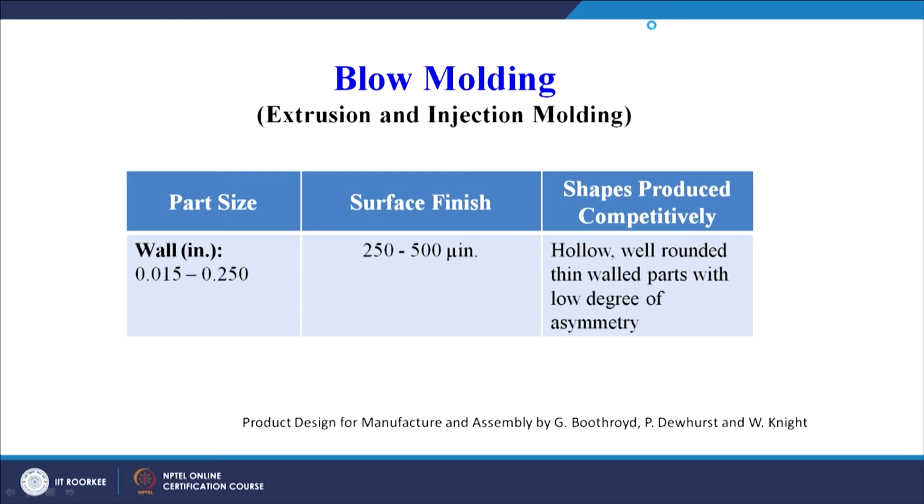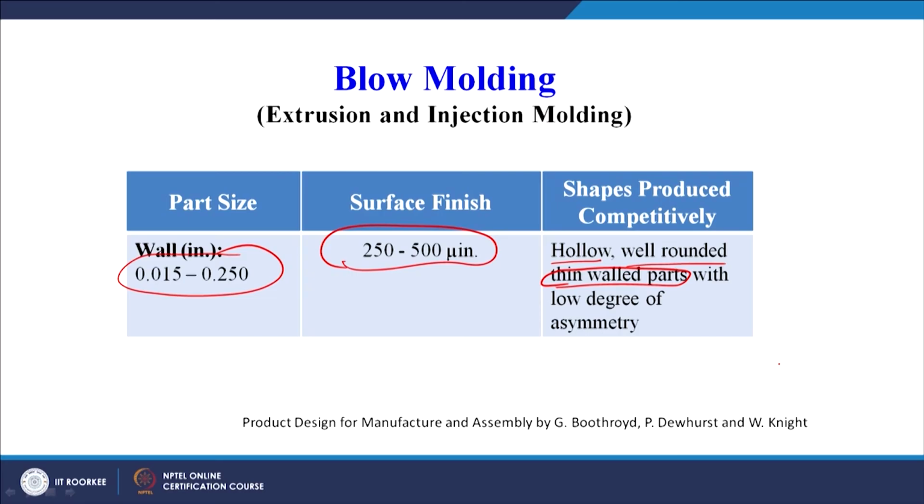Now what is the process capability? Wall thickness size is specified, surface finish range is specified, 250 to 500 micro inch. Now what type of shapes can be produced? It can produce hollow, well rounded, thin walled parts with low degree of asymmetry. So we have to have a symmetric part or axisymmetric part only in case of blow molding.